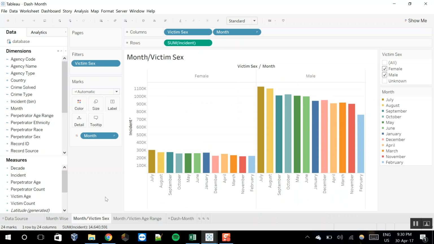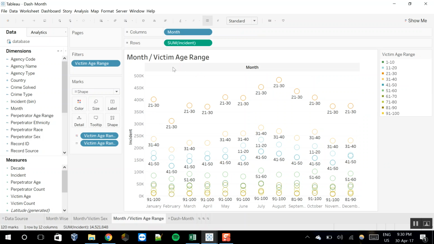Next case study is month wise victim sex. We want to see if there is a pattern in the victim sex and month wise incidents. We can see that there is no such relationship, as the pattern for male and female remains the same. And next is month wise victim age range.